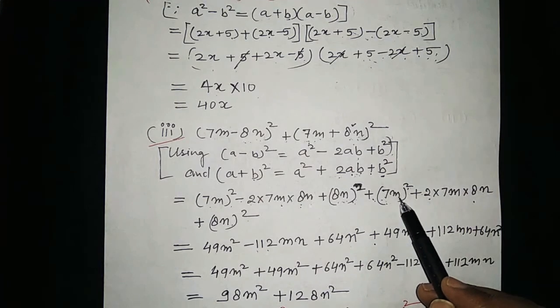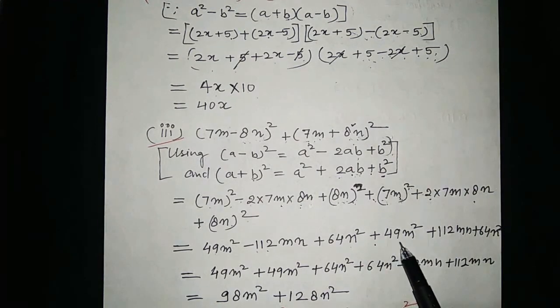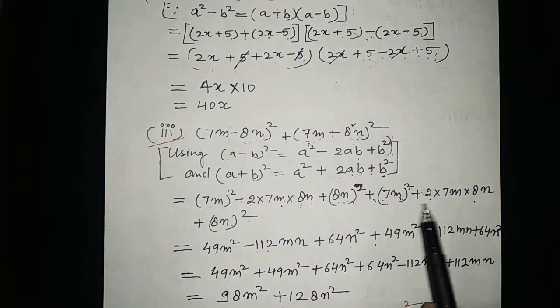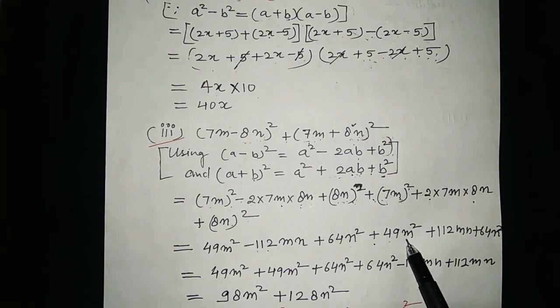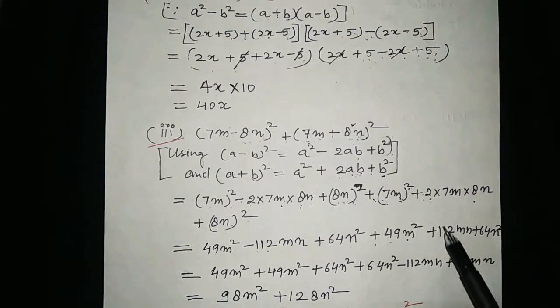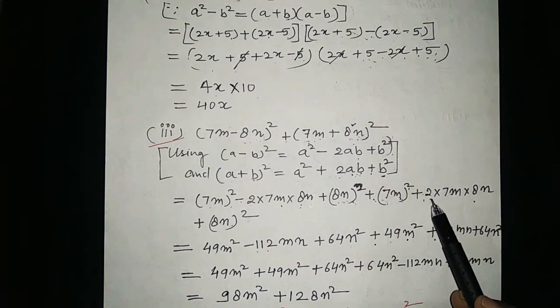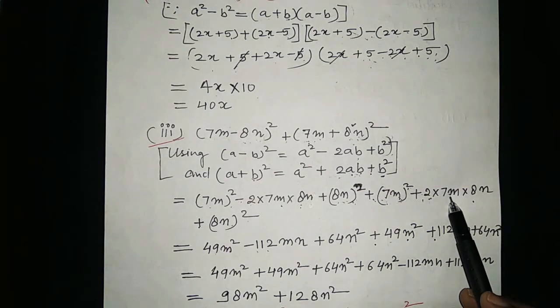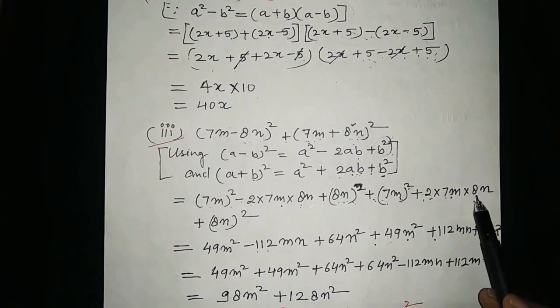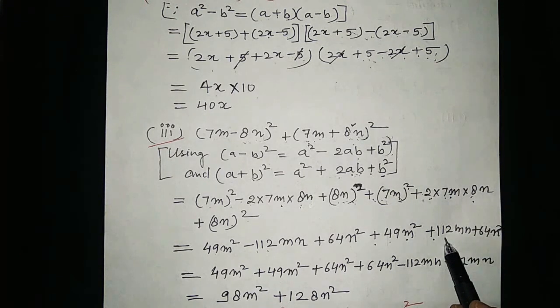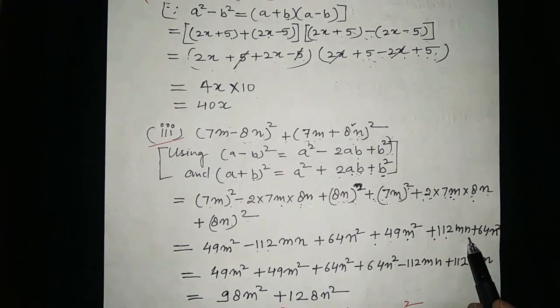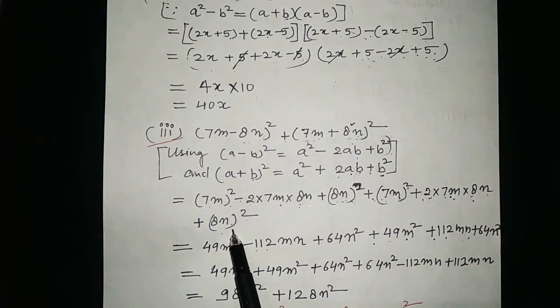For (7m) whole square you will write 49m square, because 7 square m square what? 49m square. Now this plus sign, here again 2 7s are 14 and 14 8s are 112mn. Clear? Now (8n) whole square.